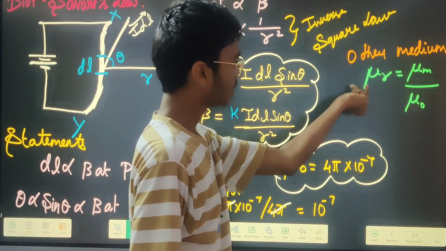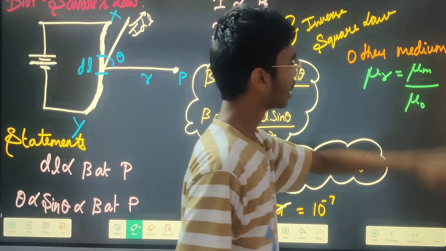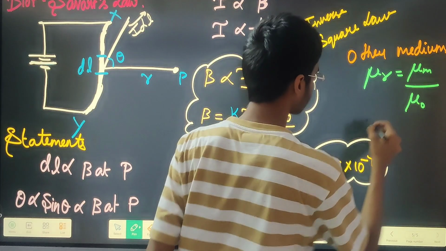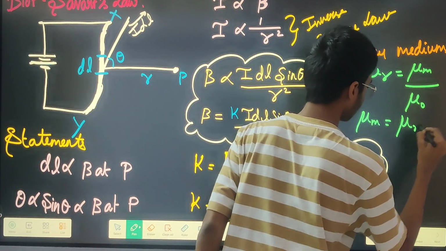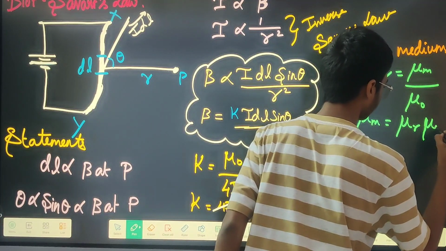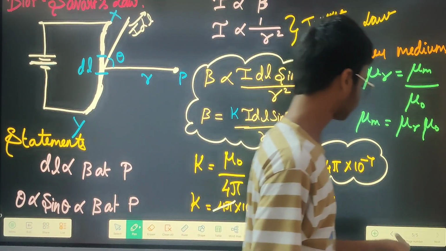Naught means in air, and m means in other mediums. This is relative permeability. So in other mediums, mu m is equal to mu r into mu naught, where mu naught is equal to 4 pi into 10 to the power of minus 7.